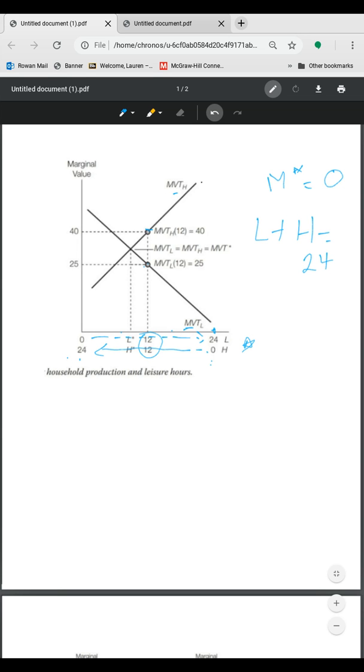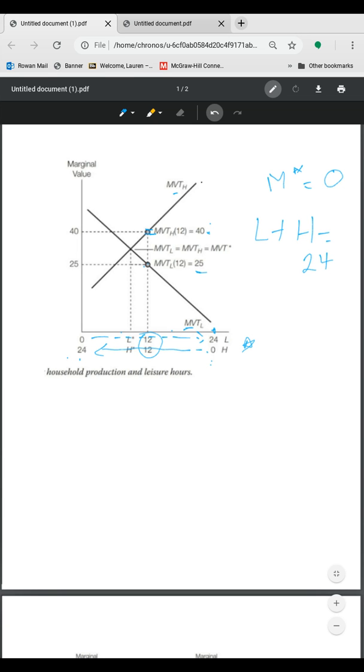So you're spending half your time in the household and half your time not doing much relaxing. So the marginal value of time for 12 hours of household work, this is equal to 40 here, where it hits the line here. And then for leisure, it only equals 25.